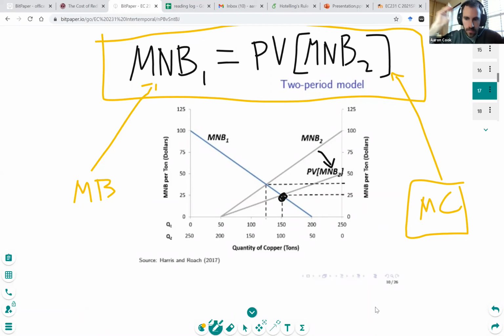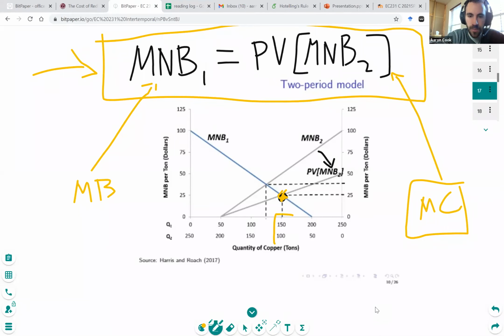And as we saw last time, what that implies is we choose some allocation where those curves intersect. That's the graphical meaning of this equation, MNB1 equals PV MNB2: you find the point at which they cross.